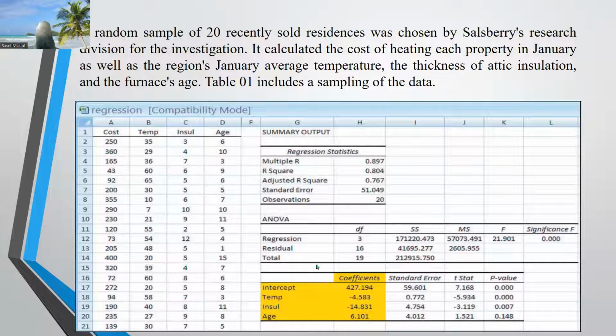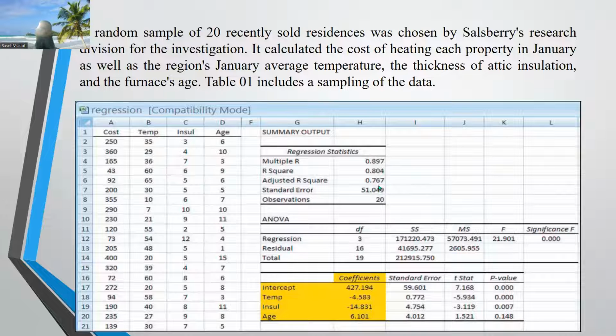Here is the summary output. Multiple R, the correlation coefficient, is 0.89, and R square is 0.804. This is the coefficient of determination.